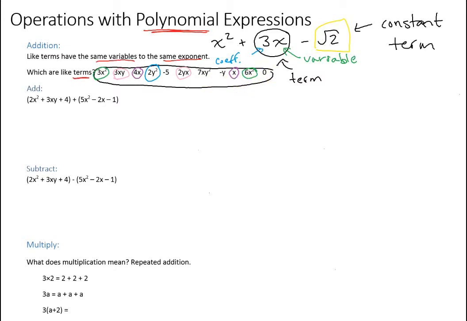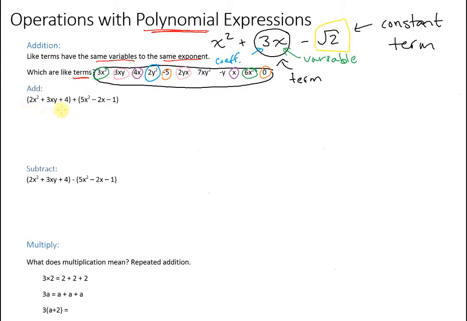So that poor 2y squared has no like terms. It's all alone. -5. 0 is a number, just like -5 is a number. There's no variable here, no variable here. They're like terms. 7xy squared has no like terms, and -y has no like terms.